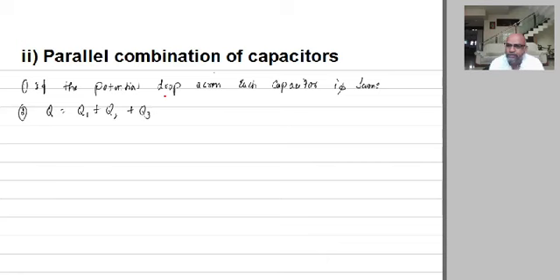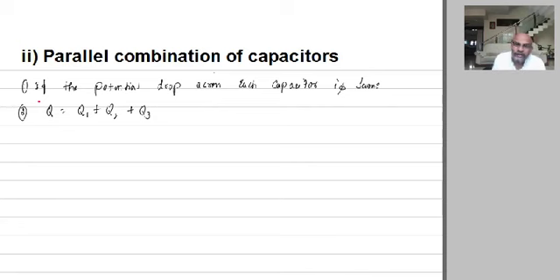Earlier in the case of series combination, the charge across all the capacitors was same. Now the potential difference across all the capacitors is same, and in the series combination, V is equal to V1 plus V2 plus V3. Here total charge is equal to Q1 plus Q2 plus Q3. Exactly the reverse way.